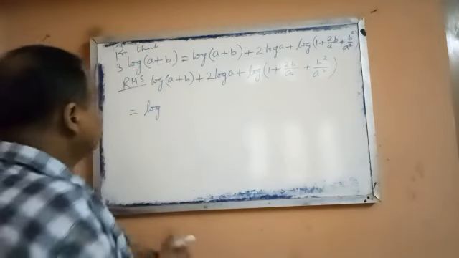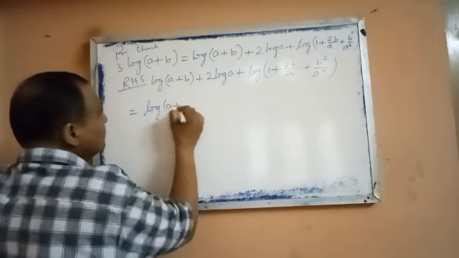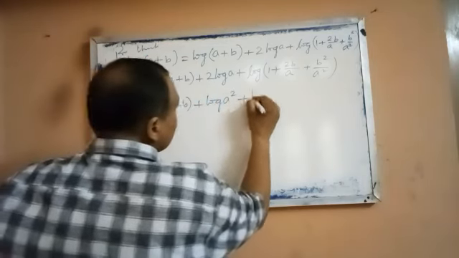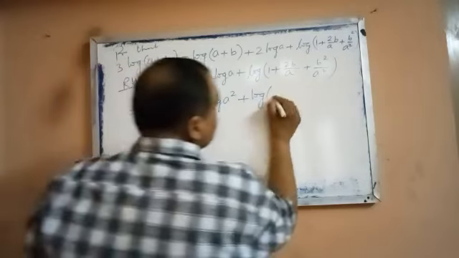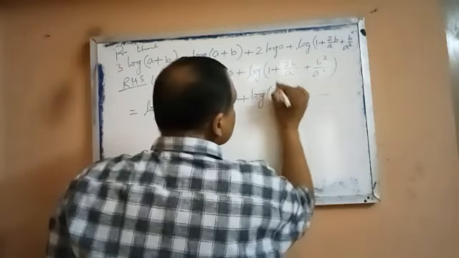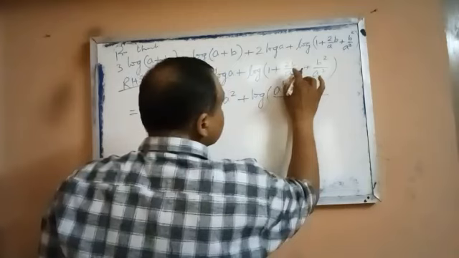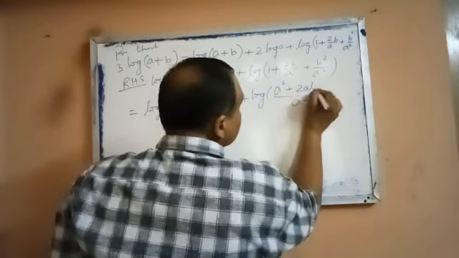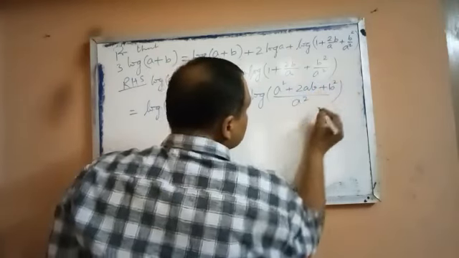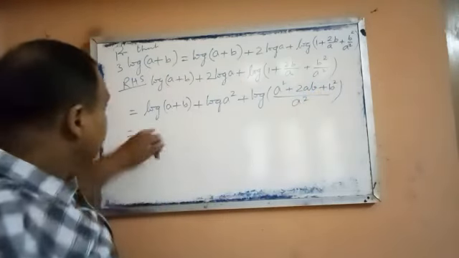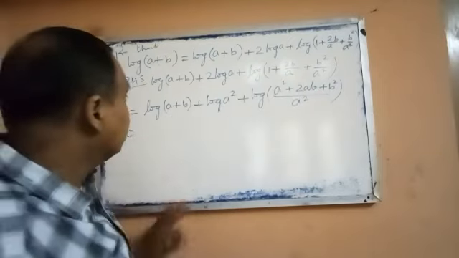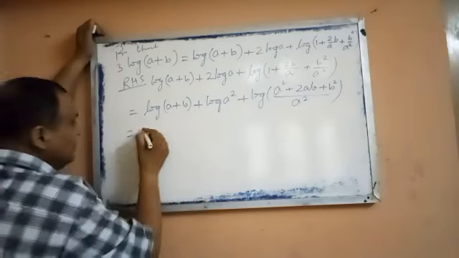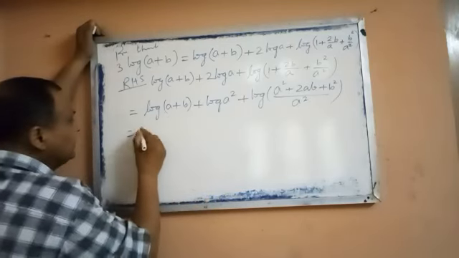So here 2 is there, so log (a plus b) plus log a square plus log, we will take LCM here, a square, so it will become a square plus, we divide a by a square, a into 2b, 2ab plus b square. Now if you see, there is no base here. If base is not there, that means same base is there. We can assume anything. Generally we assume 10, or you can take x, no need to write.